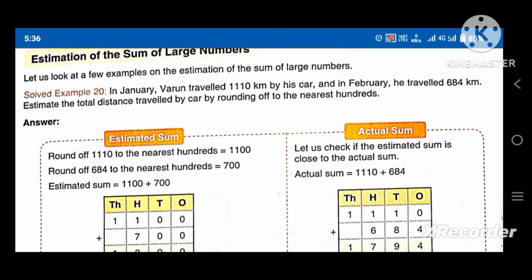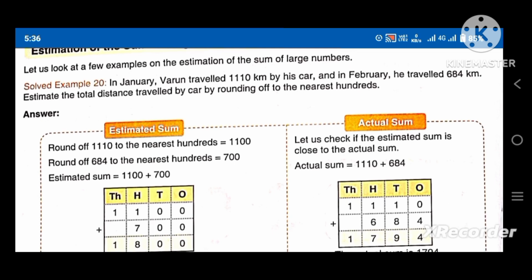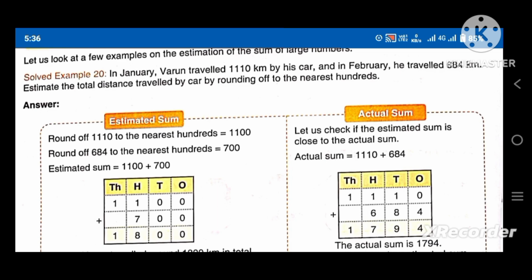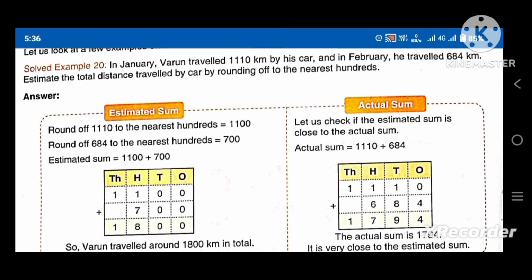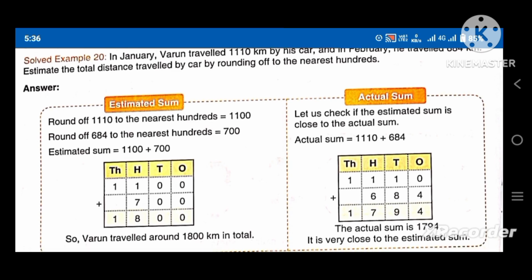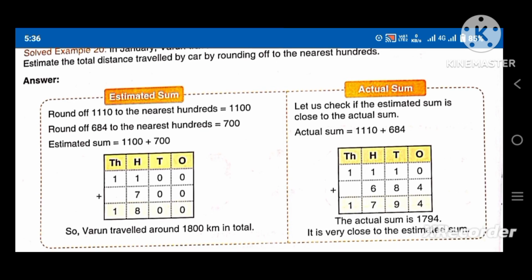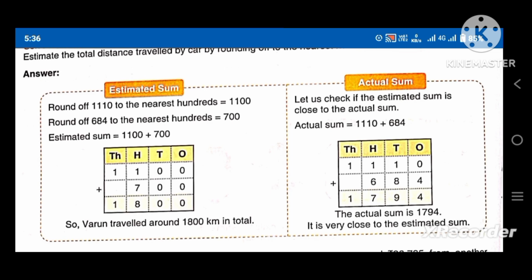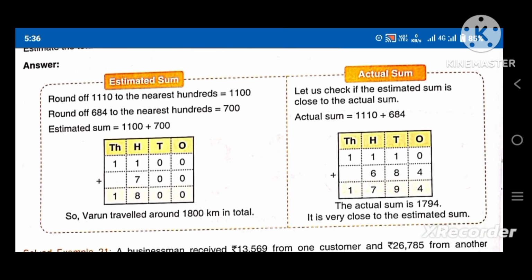Estimate the total distance traveled by car by rounding off to the nearest hundreds. Answer: estimated sum. Round off 1110 to the nearest hundreds is equal to 1100. Round off 684 to the nearest hundreds is equal to 700. Estimated sum is equal to 1100 plus 700. So Varun traveled around 1800 km in total.